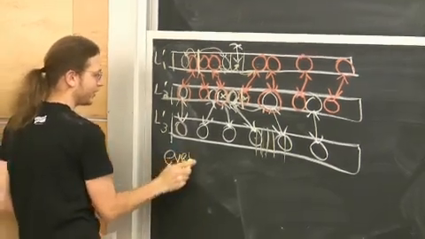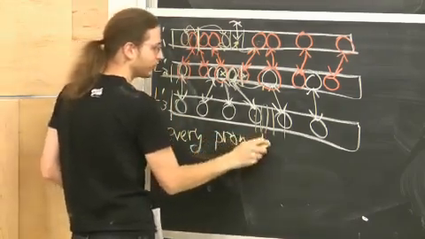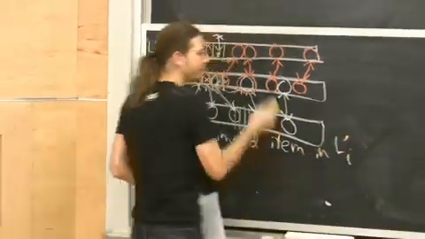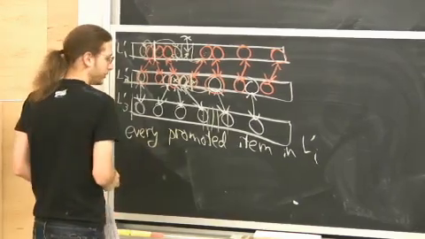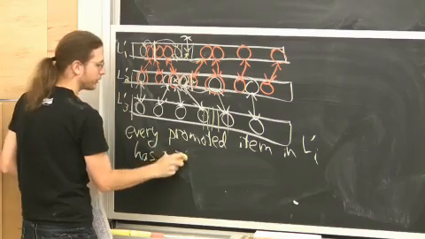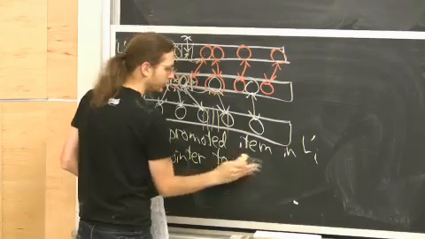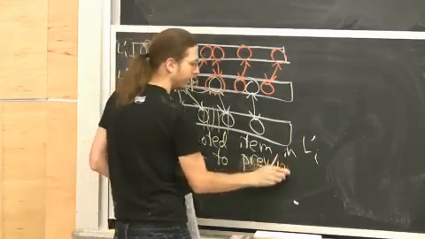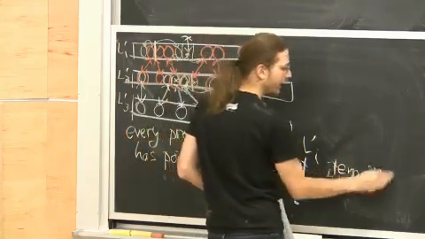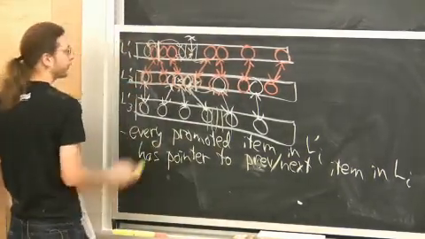So every promoted item in Li prime, that means it came from a promotion from below, has a pointer to the previous and next non-promoted item. So that's an item in Li. Okay, that's 2 pointers. And that's what we just used.